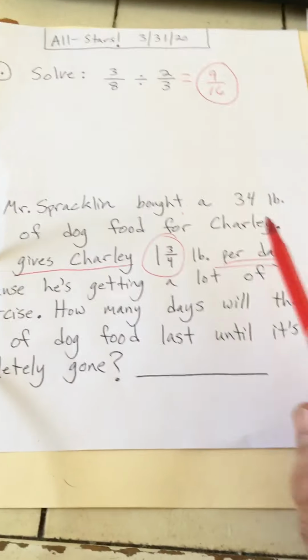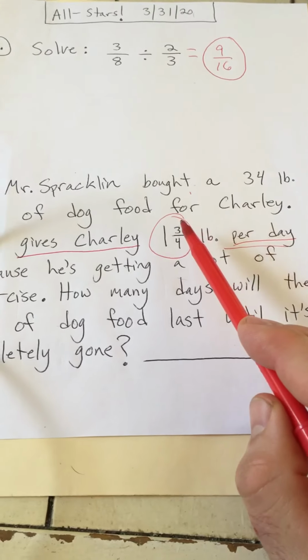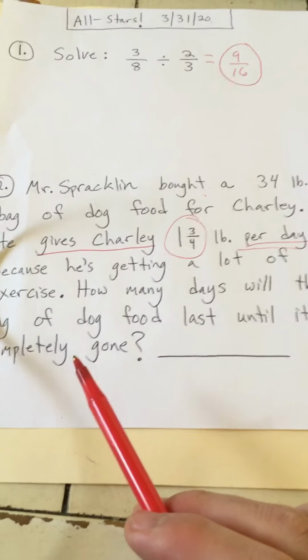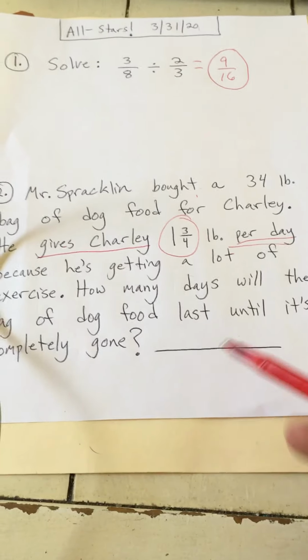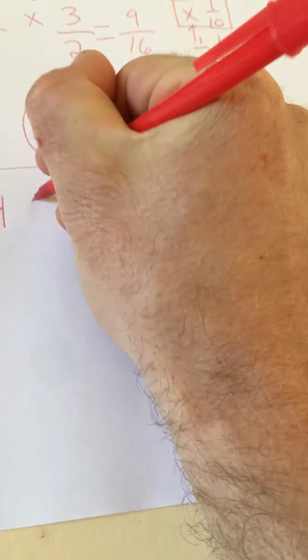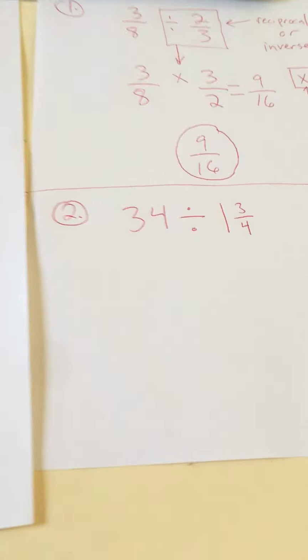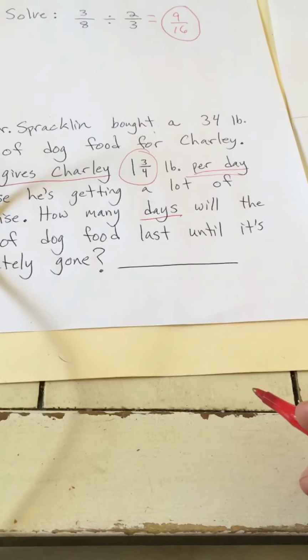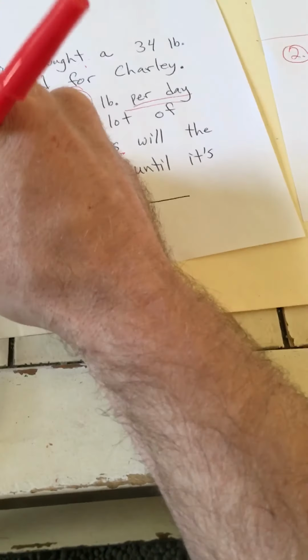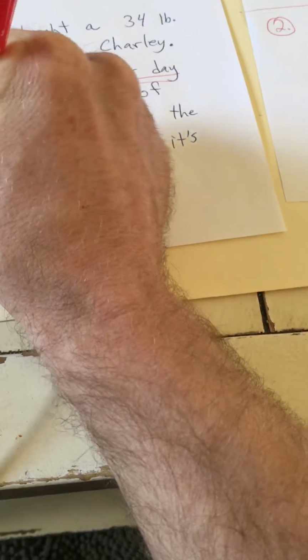So what we're really doing here is we're taking 34 and we're dividing it by groups of 1 3/4 pounds for each day. So we're taking 34 pounds and we're actually dividing it by 1 3/4. And something tricky here, it says how many days will the bag of dog food last until it's completely gone?